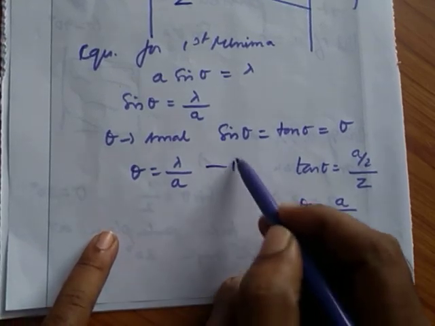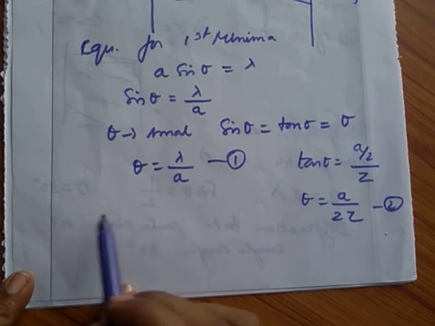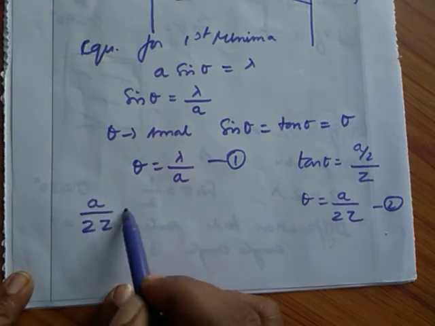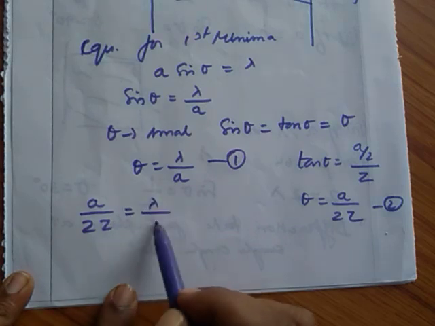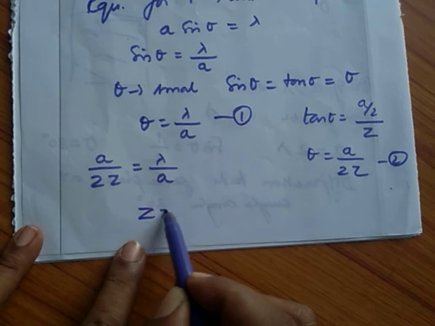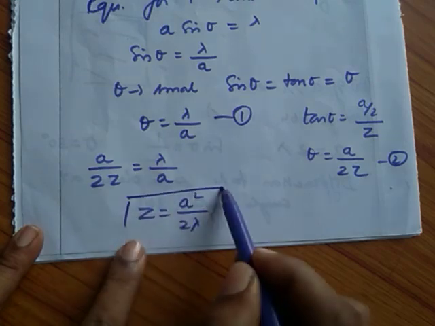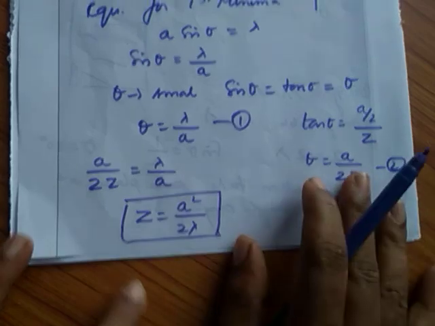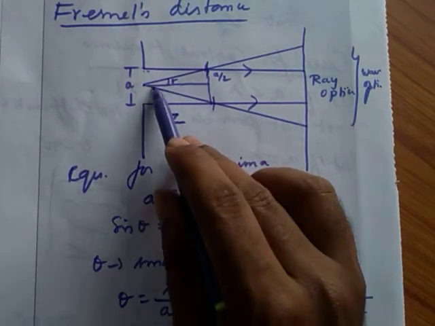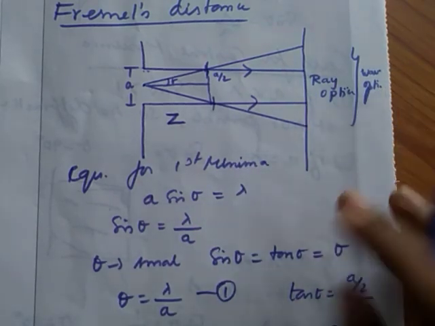This one is equation 1, this one is equation 2, equating 1 and 2, we get A by 2Z is equal to lambda by A. Then solving we get the value of Z, that Z is equal to A square by 2 lambda. This Z is nothing but the Fresnel distance. Fresnel distance is the distance up to which the ray optics obeyed. Beyond that the wave optics became significant.